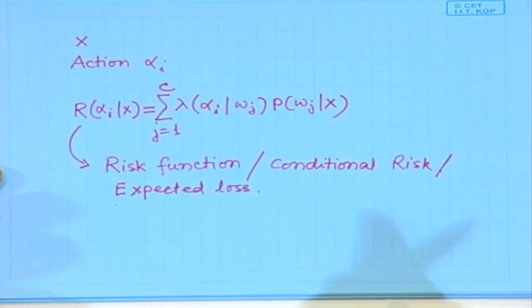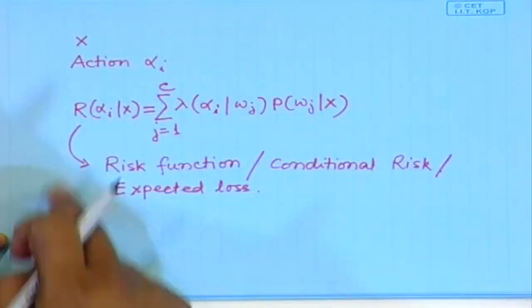Or it is also the expected loss. So, for any decision or action alpha i that I have to take, I choose that particular action for which this risk is minimum, or the expected loss is minimum. Unlike the previous case, where we used only 2 classes and our decision was taken in favor of the class which gives us minimum error, that is, if I decide in favor of omega 1, I make sure that the error, which is nothing but p of omega 2 given x, is minimum.